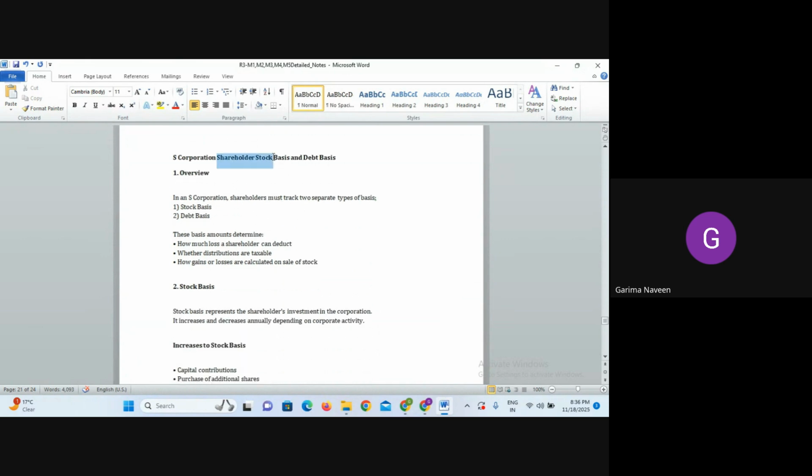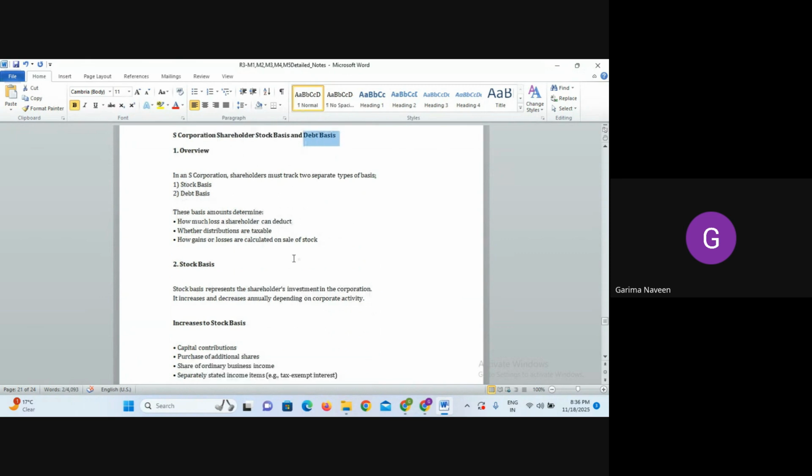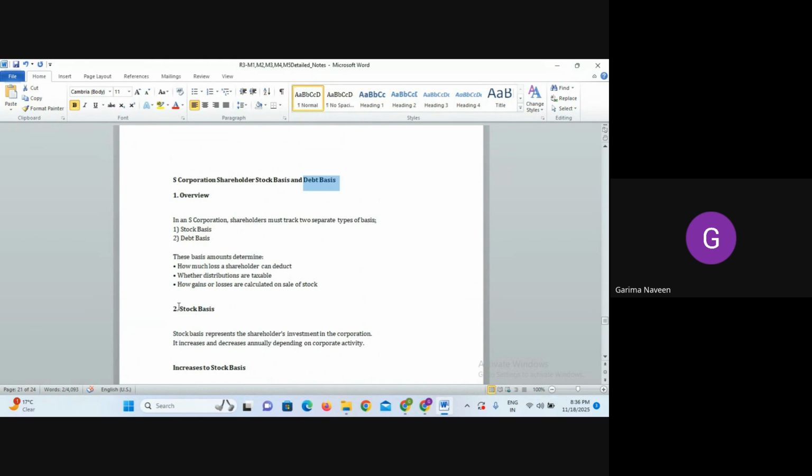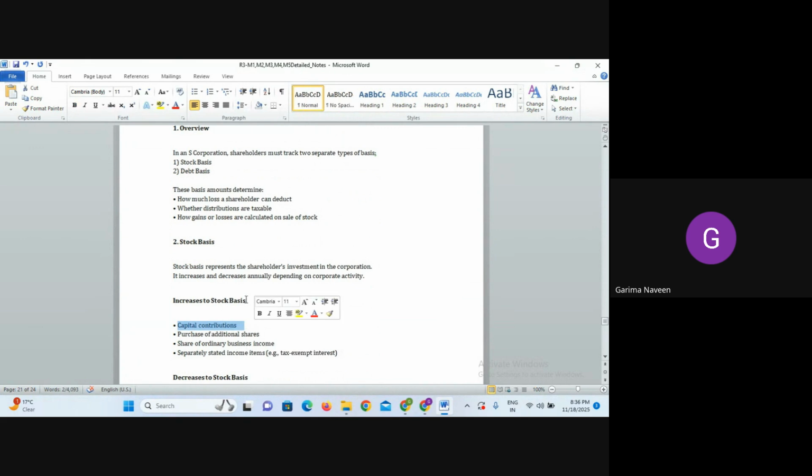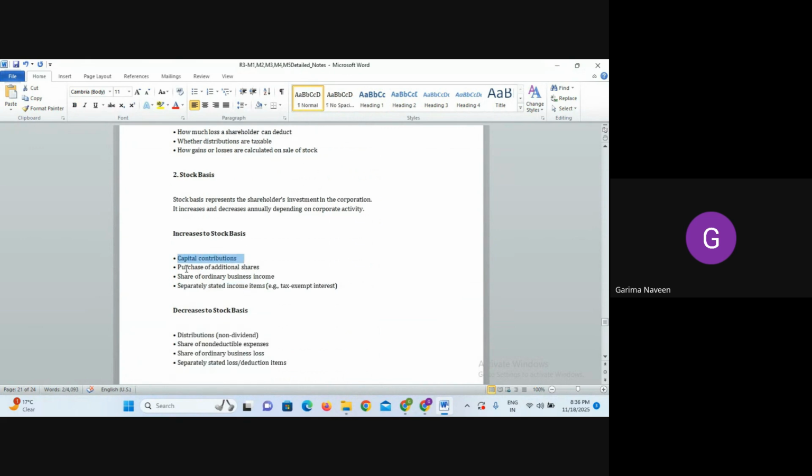So first, if we talk about stock basis and debt basis, what are these? Stock basis is the shareholder's investment in the corporation. Whatever you contribute to the S corporation, any additional contributions, or additional shares you purchase within the year, and your share of income, ordinary business income, and separately stated items, all of this will add to your stock basis.